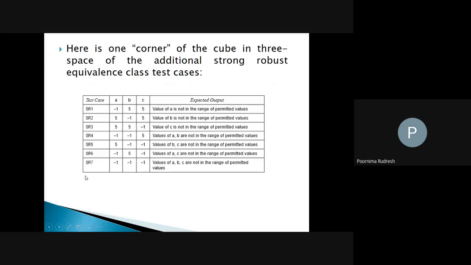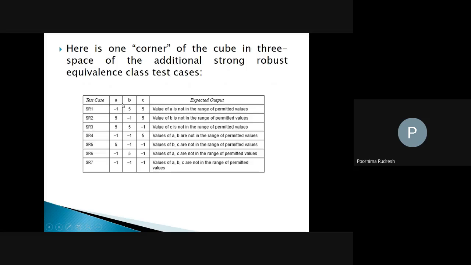So here the test case is given -1 for the strong robust. It is A is equal to -1, B is equal to -1, C is equal to -1. Along with that, we are considering one more case, that is A is equal to -1 and B is equal to -1, or B is equal to -1 and C is equal to -1, or A and C. Here we are considering the Cartesian product of all the possible test cases.